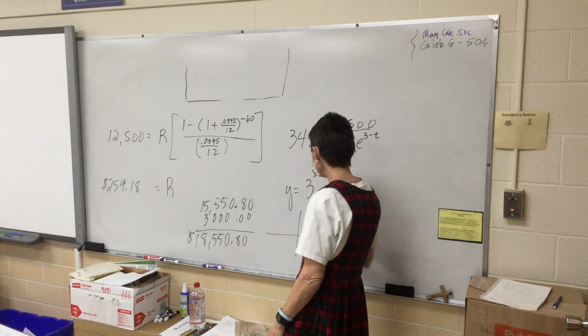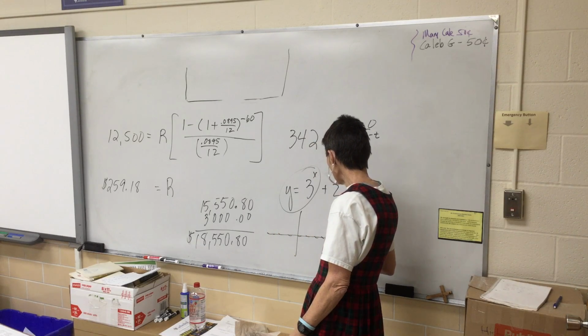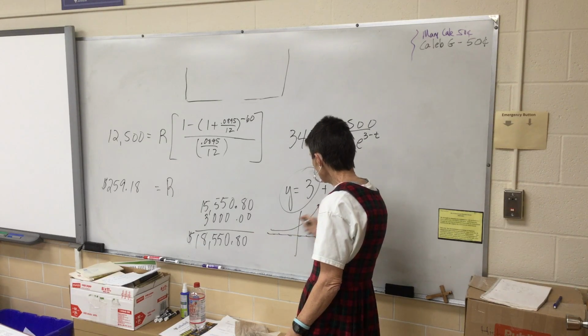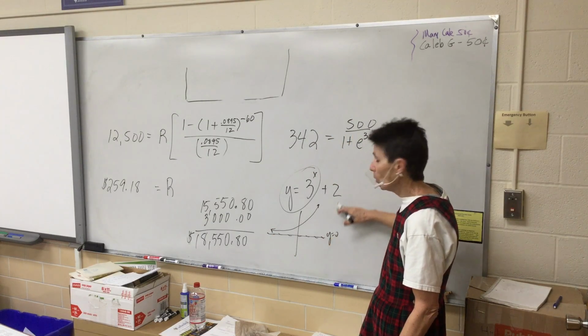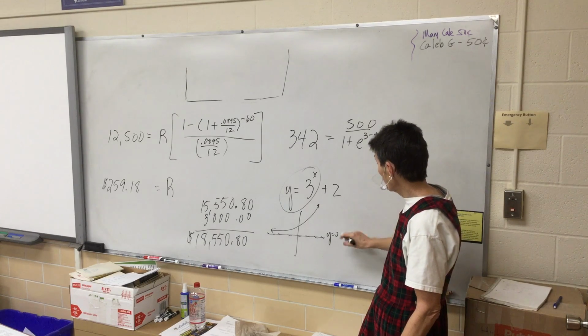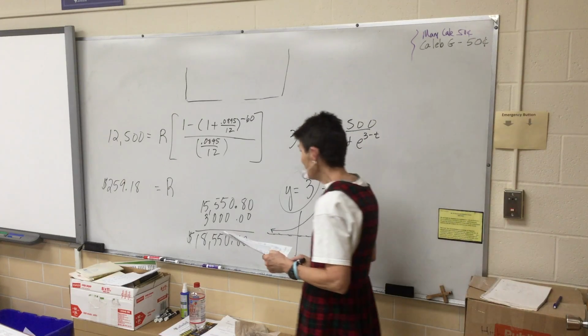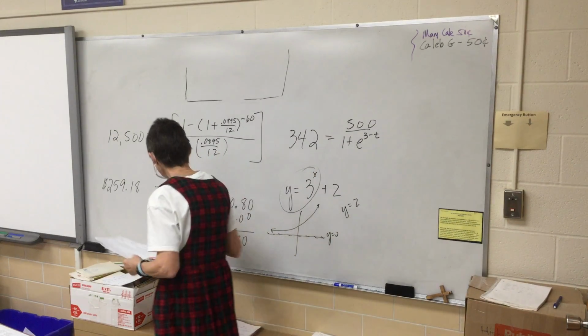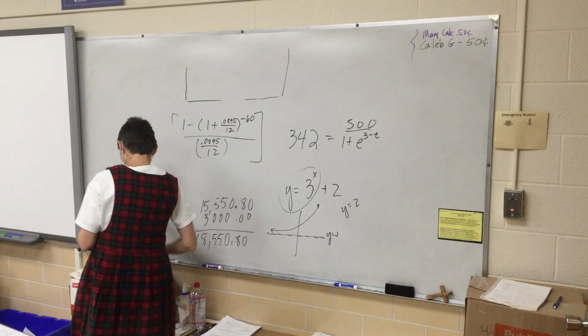Remember, gang, in an exponential, this is an exponential, the asymptote's on the axis. If you add 2 to it, it's going to take the whole picture up 2. So now your asymptote's going to be at y equals 2. How about ln x minus 3? Where is the asymptote for ln?